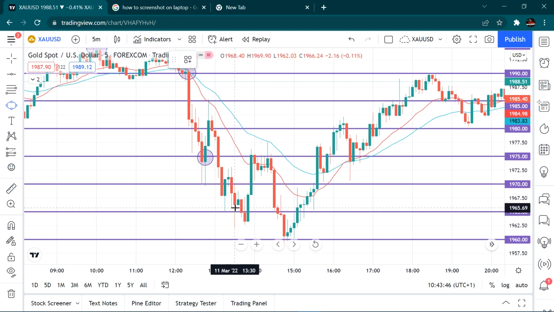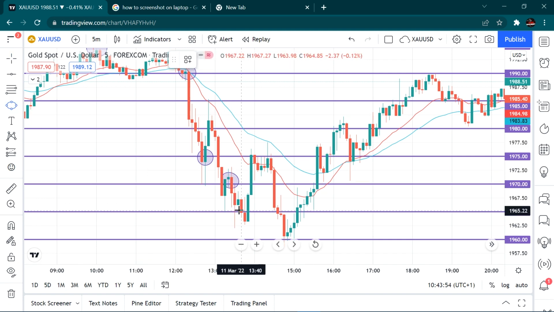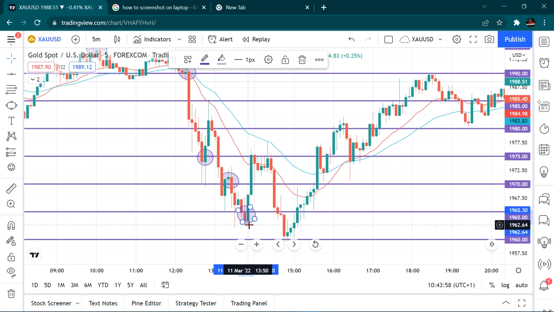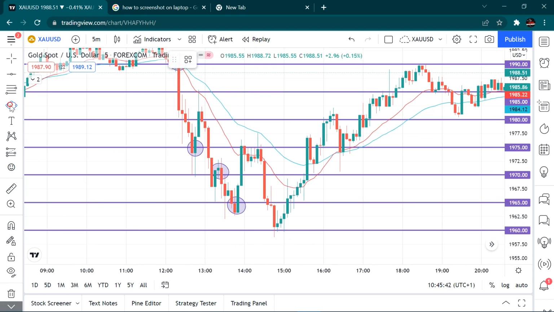When market got to this area too, it played around. When market got to this zone too, it played around. So you see, when market gets to those psychology levels, it reacts.